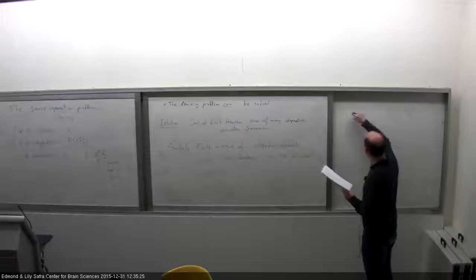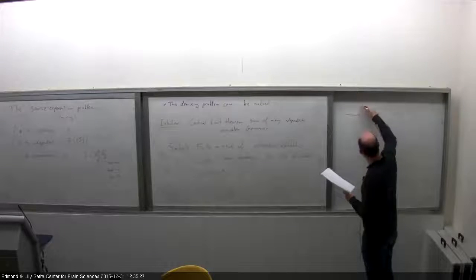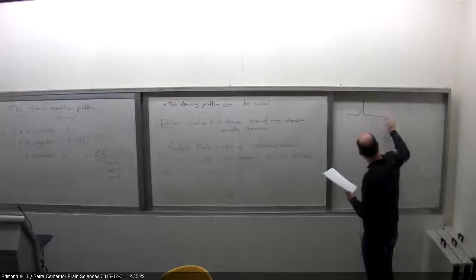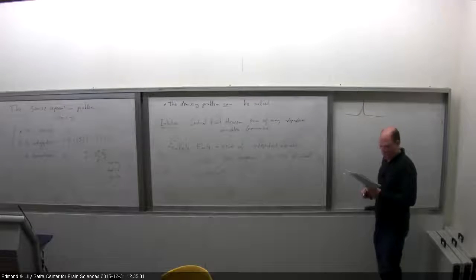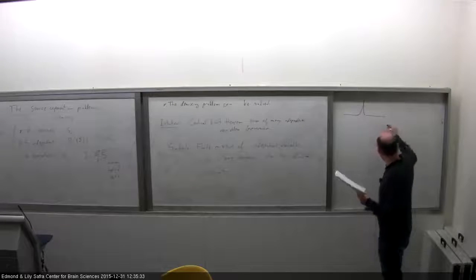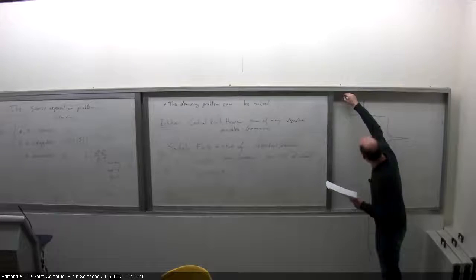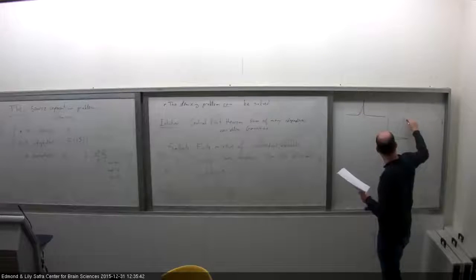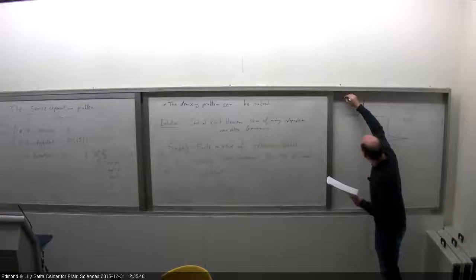So let's imagine that you have a source which looks like this. It's very pointy. And let's imagine that we have another source which also has the same distribution. So this will be P of x1, and this will be P of x2, S1 and S2.